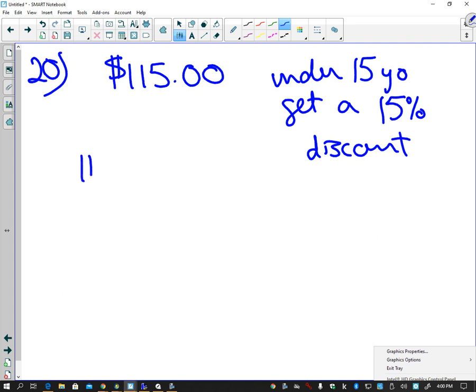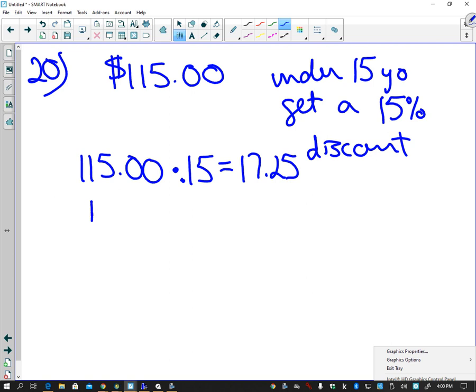So we're going to take $115 and find out what 15% of 115 is. 115 times 0.15 is equal to $17.25. Now that's not how much they pay. That's how much we deduct.